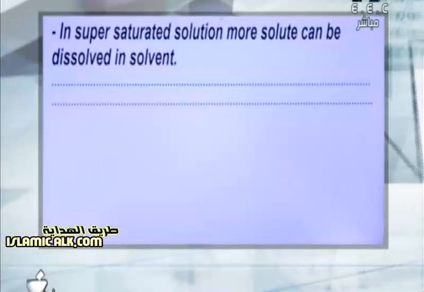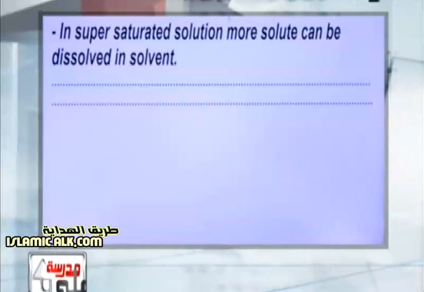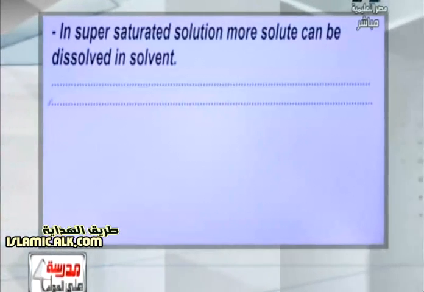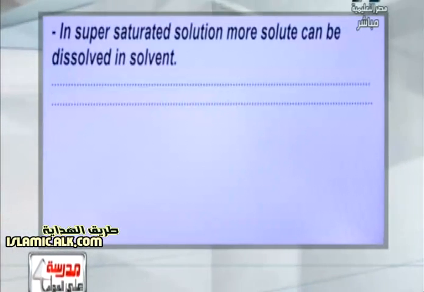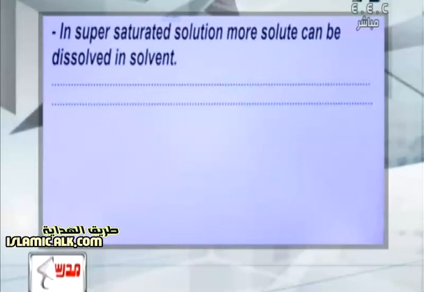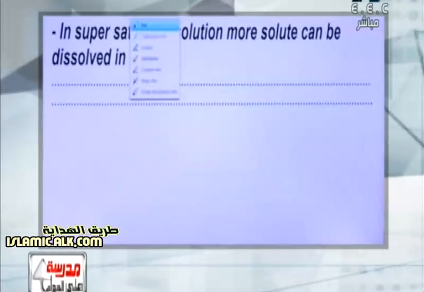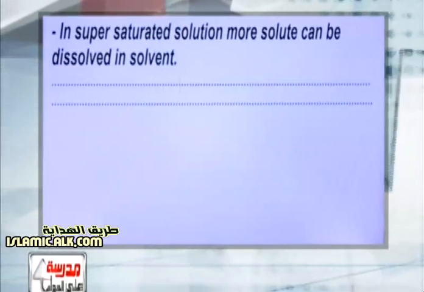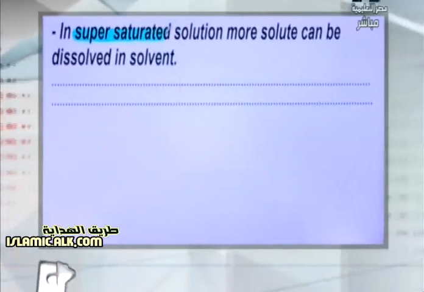We have here the question: in a supersaturated solution, more solid can be dissolved in solvent. In supersaturated solution, here we have to talk about what? Supersaturated solution.